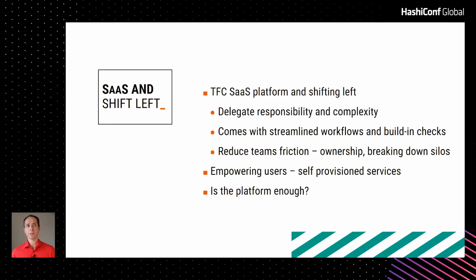It usually comes with a streamlined workflow and built-in checks. So for example, we eliminate the margin for human error, and it also usually reduces team friction. So we push the ownership down to users responsible for provisioning infrastructure, and at the same time break down silos where interaction between teams is minimized to a level only as necessary.